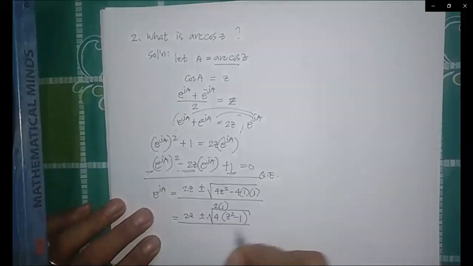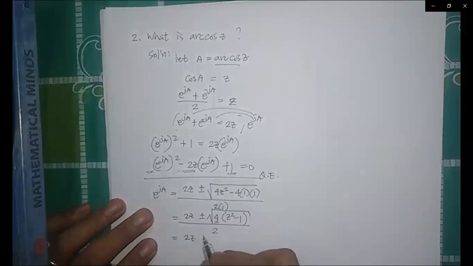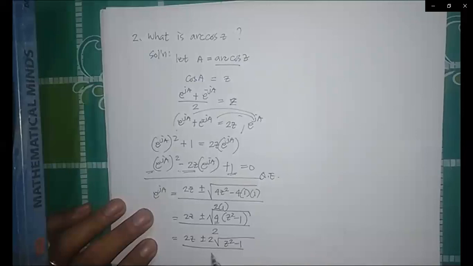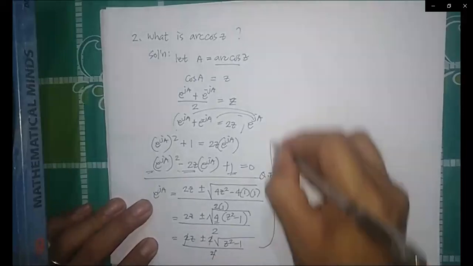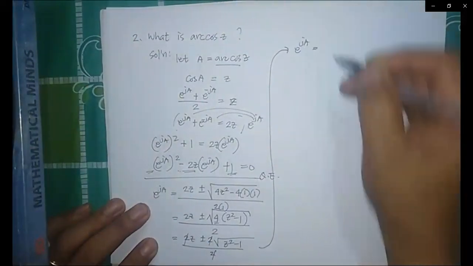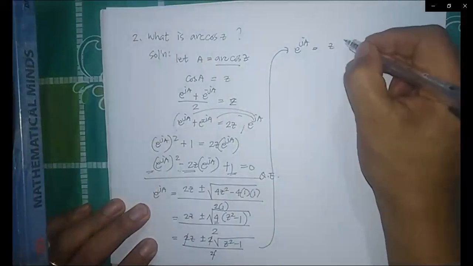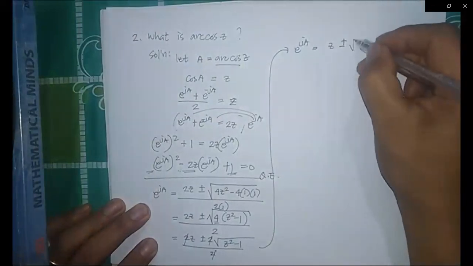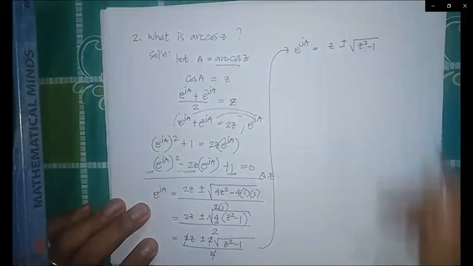Take note, 4 there is a perfect square, so we can take 4 outside the root sign by taking its square root. That will become 2 square root of z squared minus 1 all over 2. Now, if we divide the numerator by 2, what will be left? So therefore, e raised to ja will now be equal to z plus and minus square root of z squared minus 1.